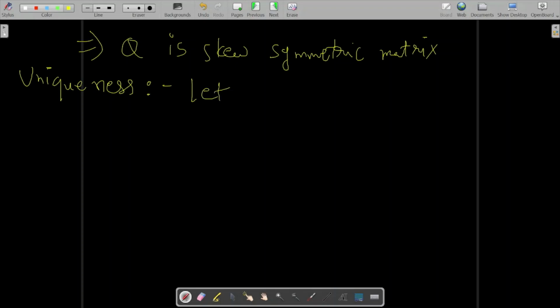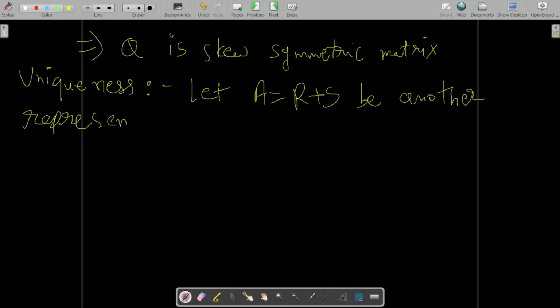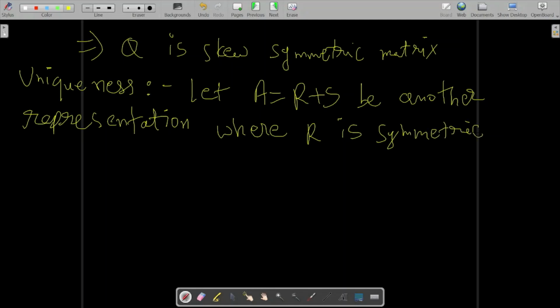Let A equal to R plus S be another representation, where R is symmetric and S is skew symmetric matrix.